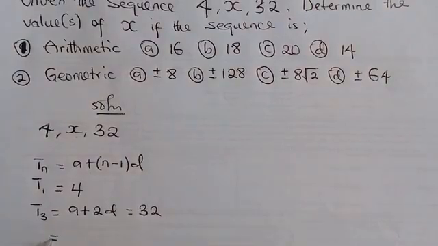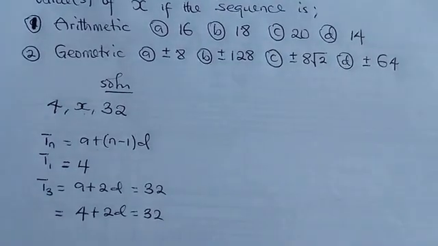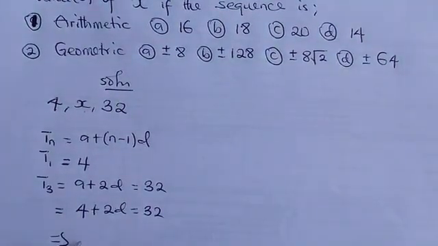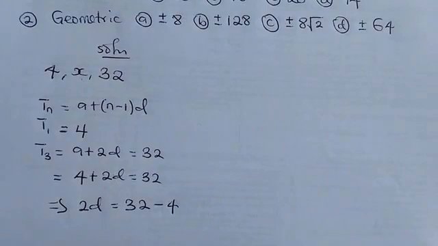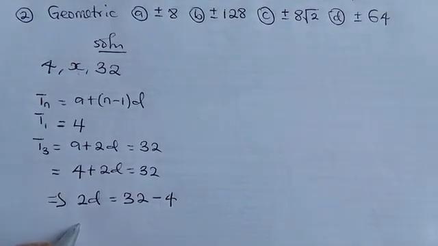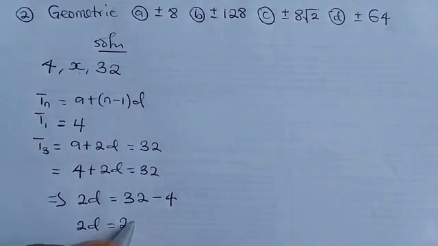And A was given to us to be 4, so we substitute A with 4 plus 2D, and that's equal to 32, implying that 2D will be equal to 32 minus 4.